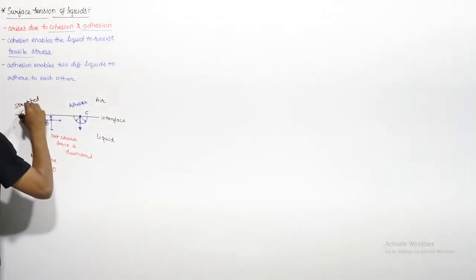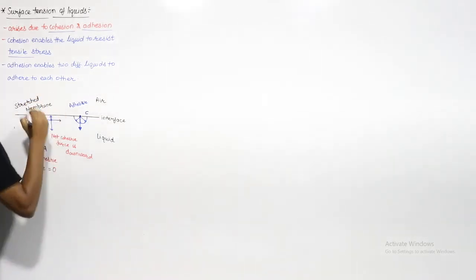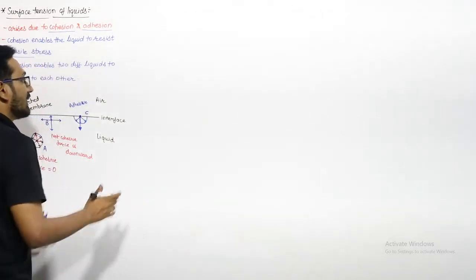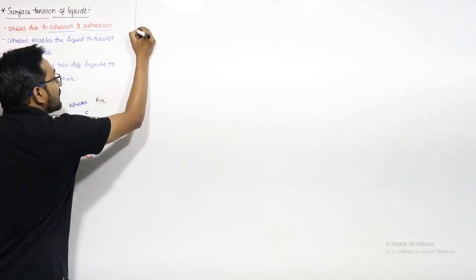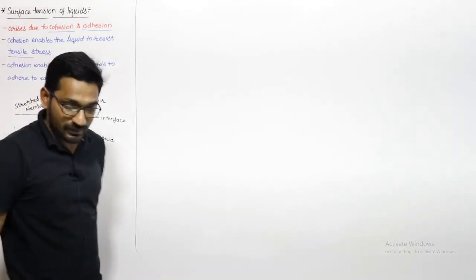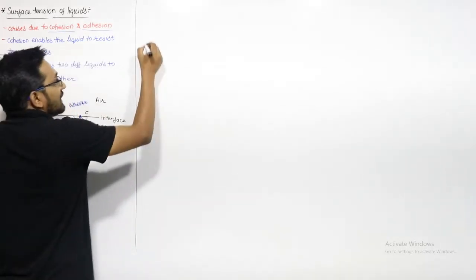Because of this stretched membrane, they can resist the tensile stress or tensile force, and this phenomenon is known as surface tension, right? And surface tension is a line force.